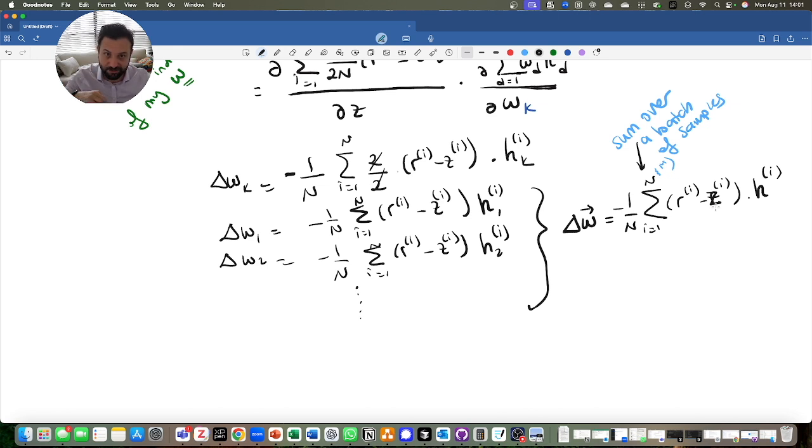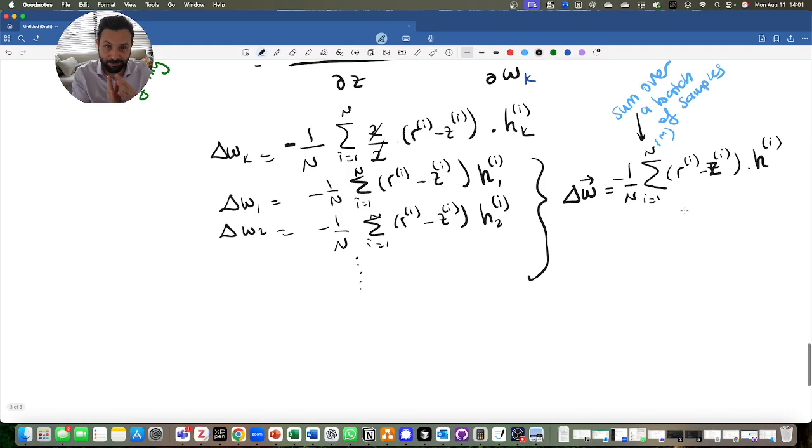For some input, it can calculate a Z, and this Z is going to be compared with whatever we want it to be. So R is either 1 or 0 in our problem, and I'm trying to push my Z's to be as close to that or not, right? So if R is 0, but my Z is not 0, I will be calculating a negative difference here, and therefore adding the corresponding H.